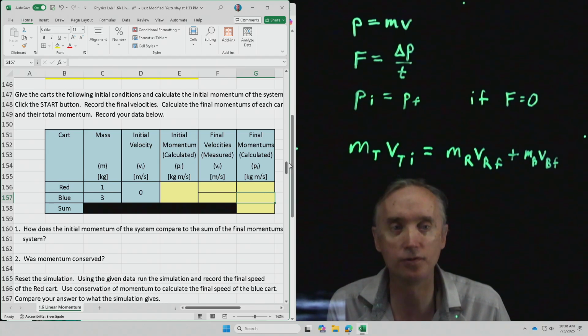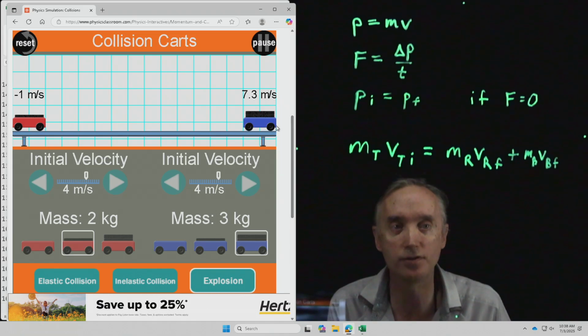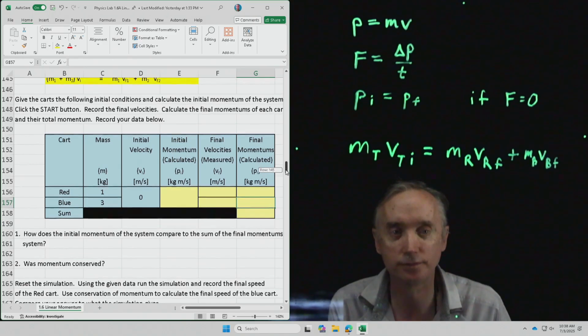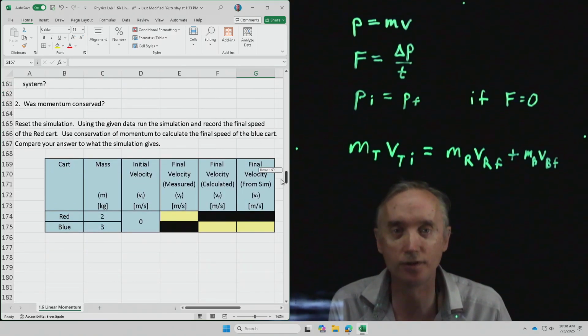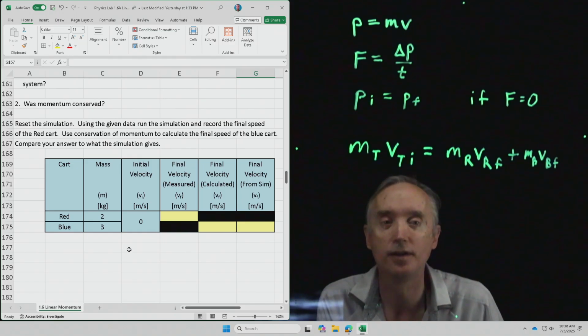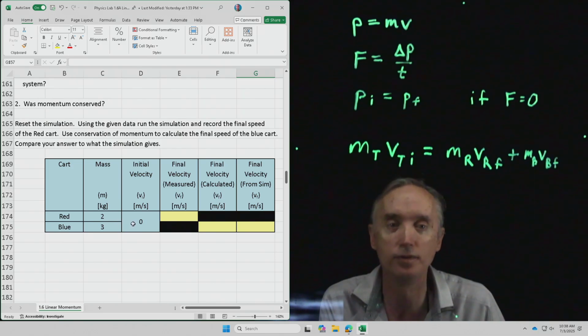Okay, now we're going to reset the simulation. Didn't want to do that. Now we're going to reset the simulation, and here's your initial values of 2 and 3 and an initial velocity of 0.